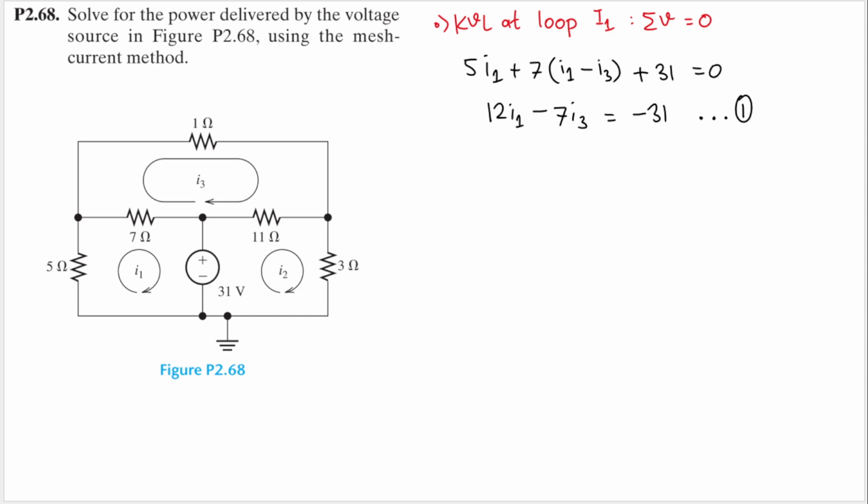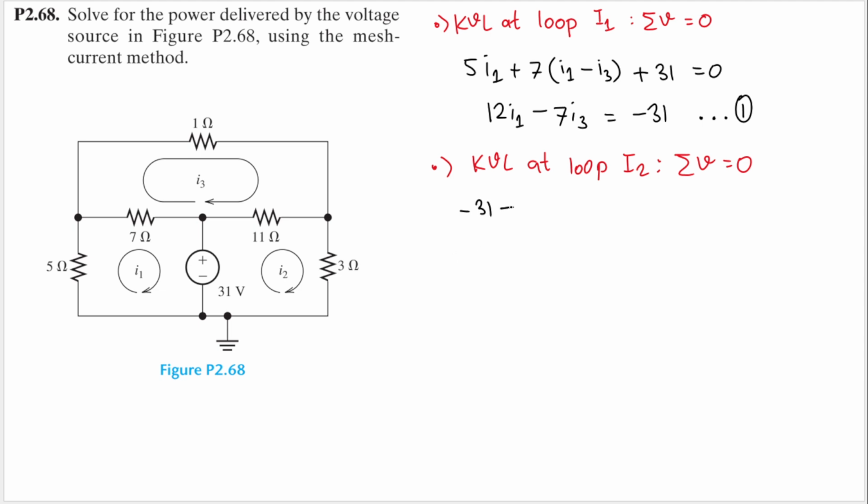Now let's do another KVL, but this time at loop I2. The sum of the voltage here will equal 0. Let's start from this voltage source. The current is flowing from negative to positive, so we will have minus 31 here.